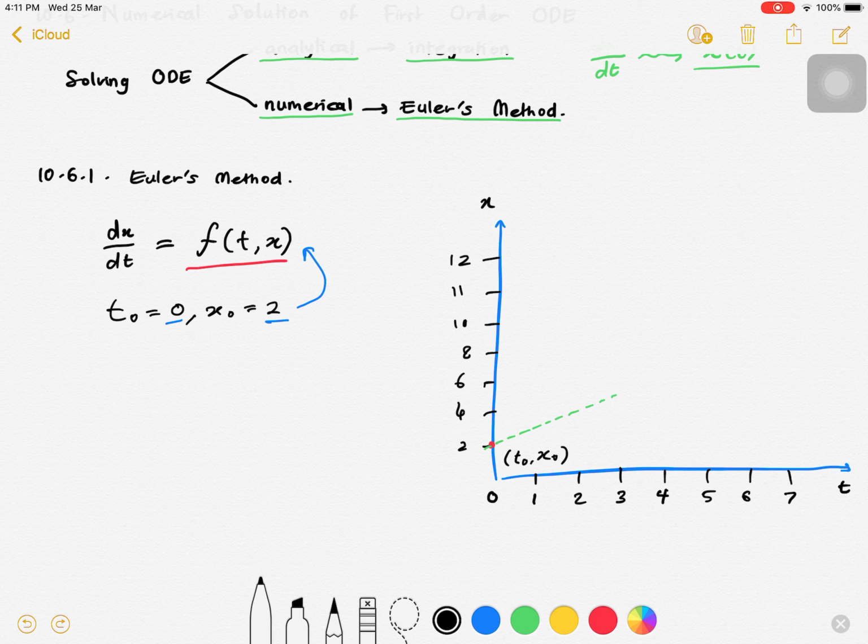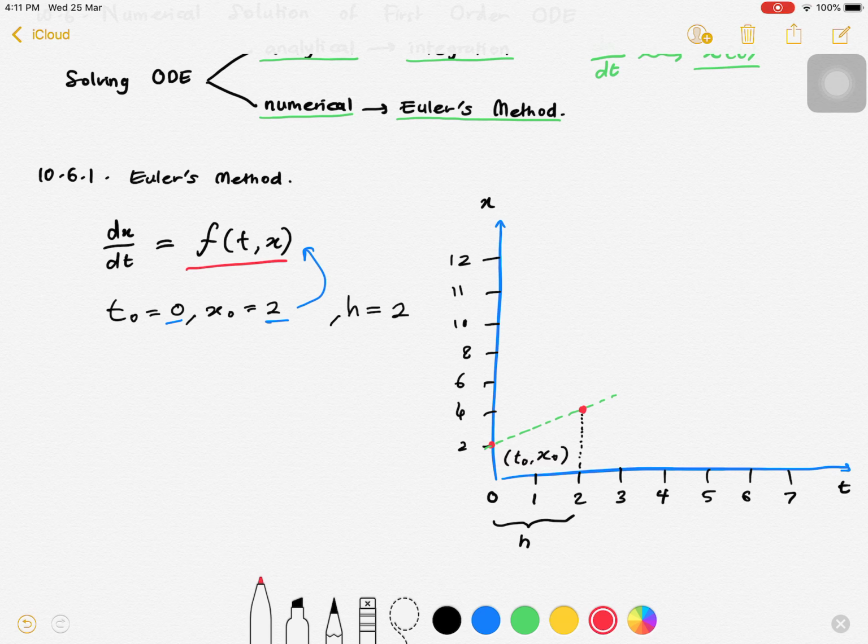The symbol that I will use is h. So h, the time step, is equal to 2. So when h is equal to 2, the next point should be 2 away. So this is h, right? So we can find the second point.